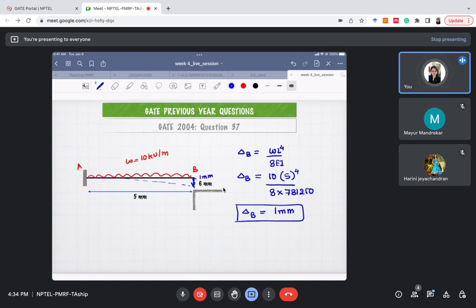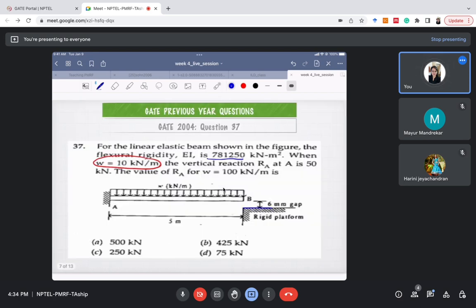This 1 millimeter is less than the distance of 6 mm. There is a rigid platform here, and the distance between these two things is 6 mm. Since we are getting 1 mm, it is less than 6 mm.